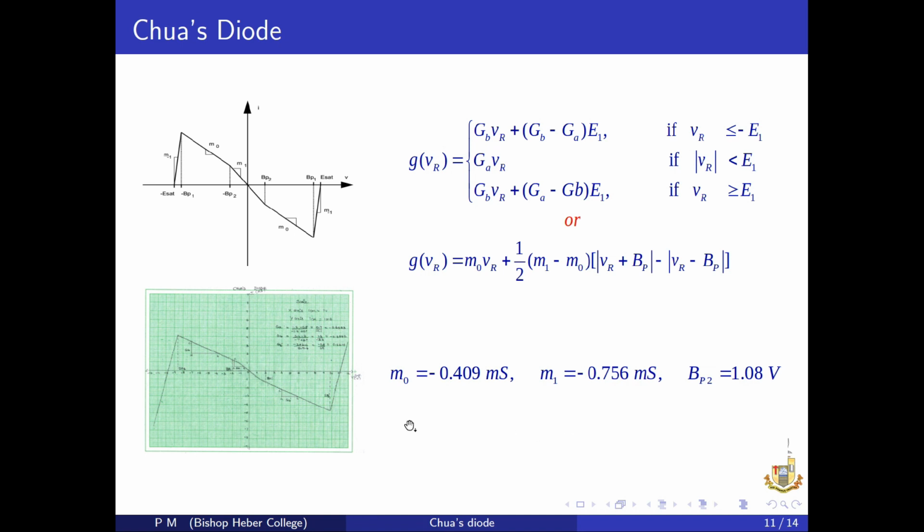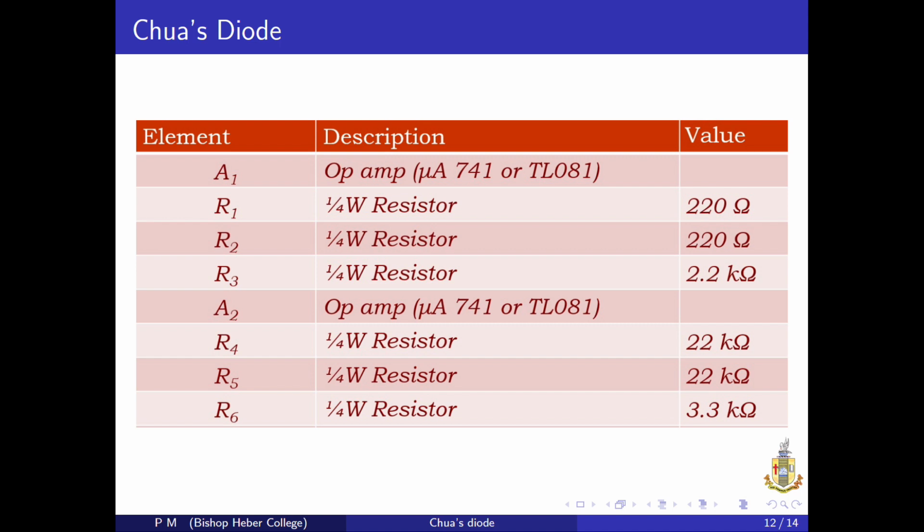Here M0 is equal to minus 0.409 millisiemens, M1 is equal to minus 0.765 millisiemens, BP2 is 1.08 volt. So these are the values we choose for the two operational amplifiers.